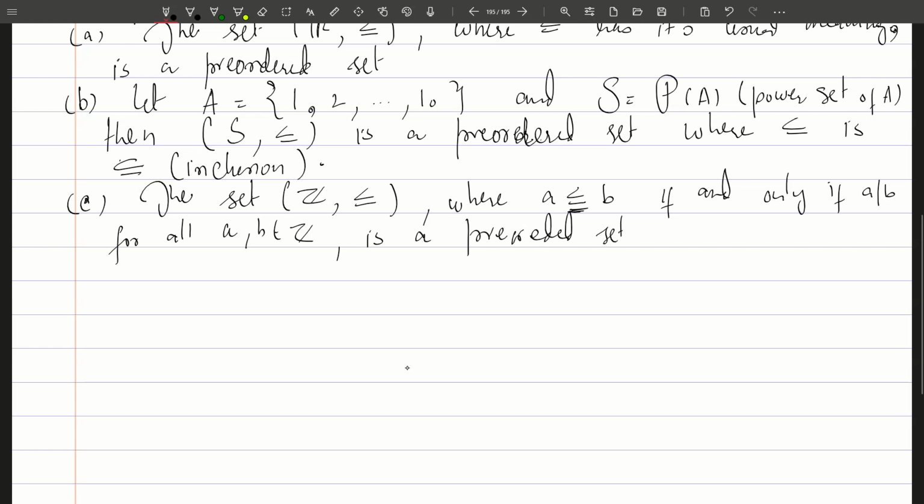Now let us do the other example, example 4. A pre-ordered set can also be viewed as a category.